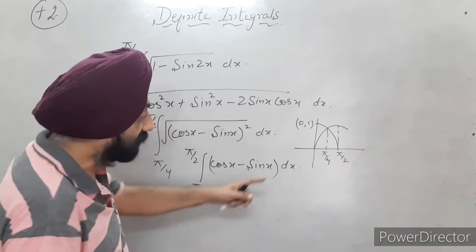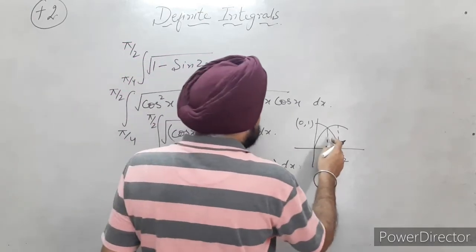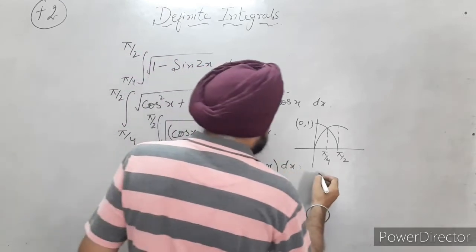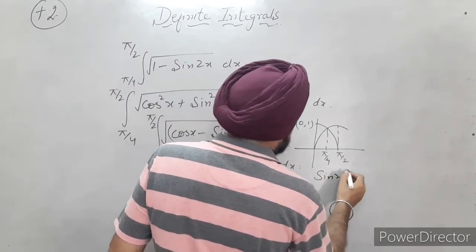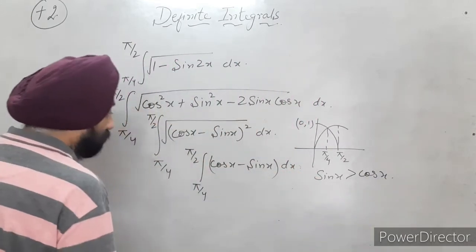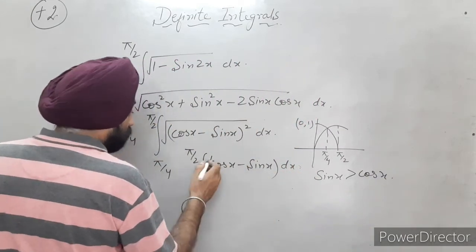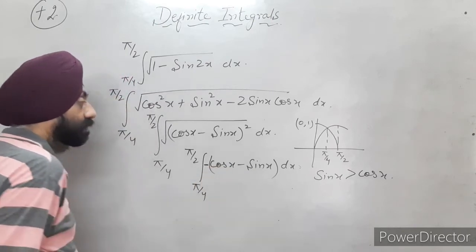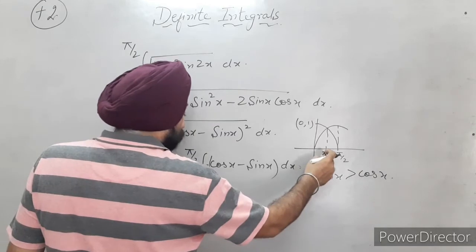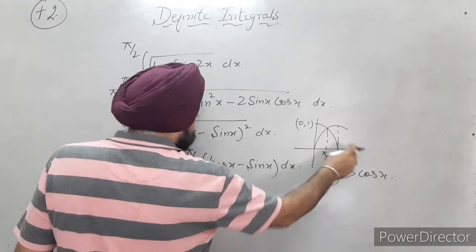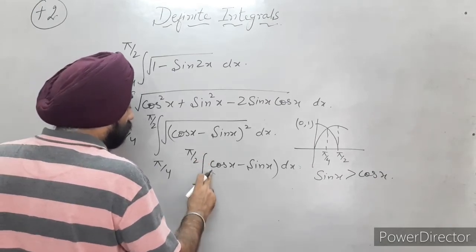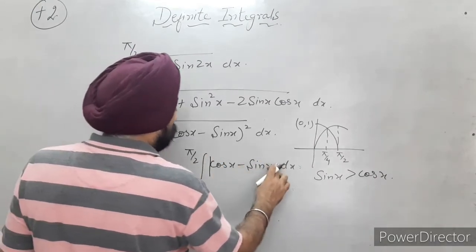Now in this case, pi by 4 to pi by 2, sin x is greater than cos x. That means I should write this with a negative sign, because sin x is greater than cos x in the interval pi by 4 to pi by 2. So let me put it in the mod.